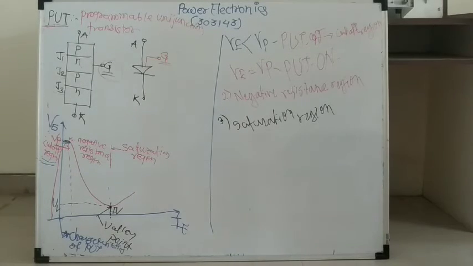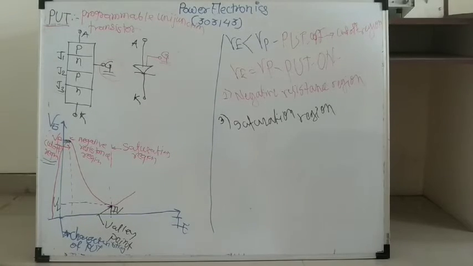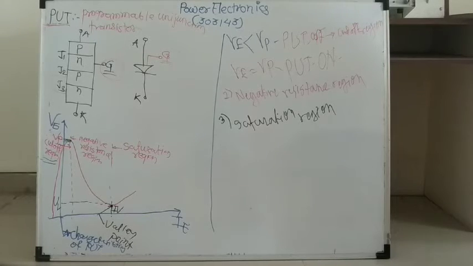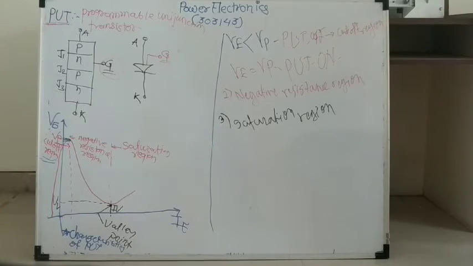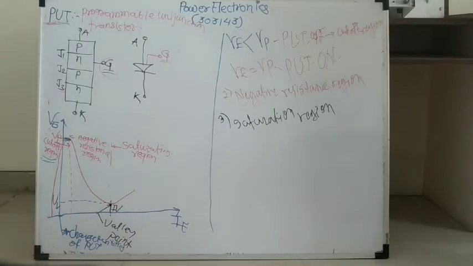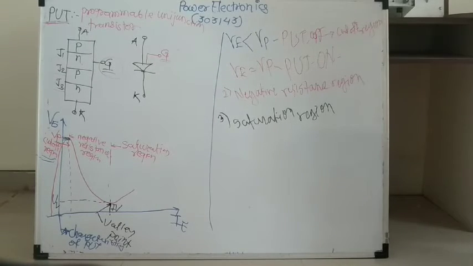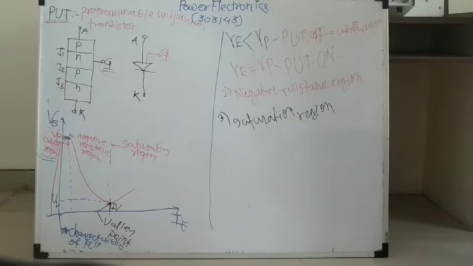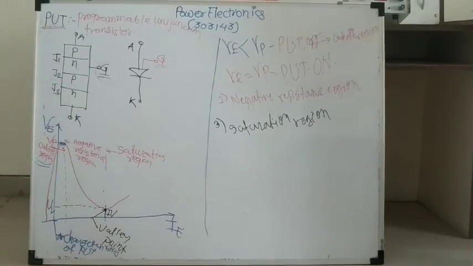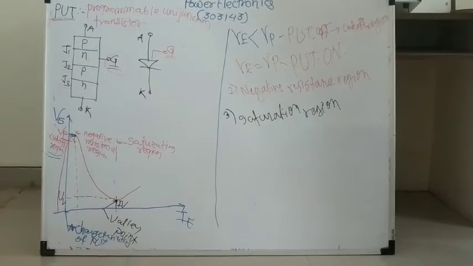The current present at this valley point is called the valley current, and the voltage present at this valley point is called the valley voltage. This is the PUT.